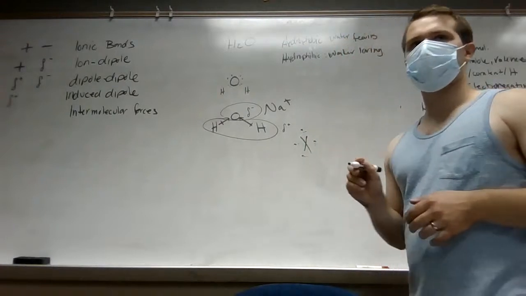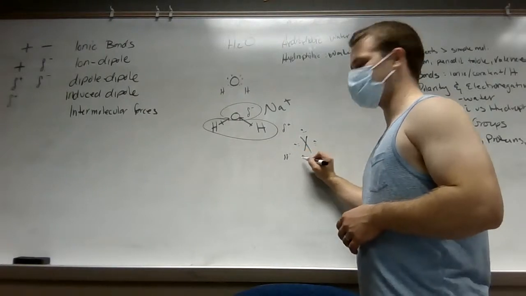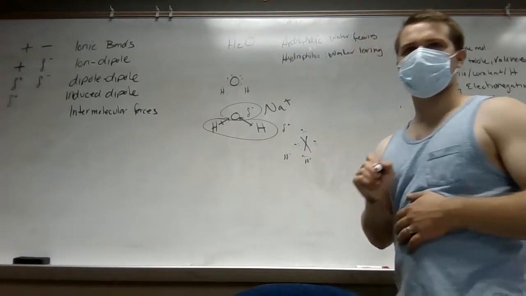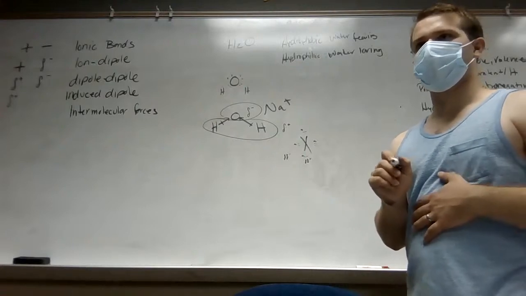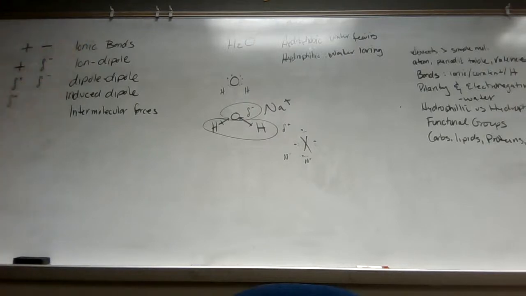What that will do is create a partial negative charge over here, and a partial positive charge over here. Don't worry about the specifics. Basically, I put this up so you can understand the difference between your ionic bonds and your hydrogen bonds and why some are strong and some are weak. Moving? Good. Okay.